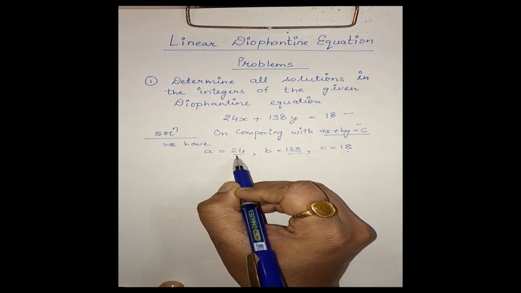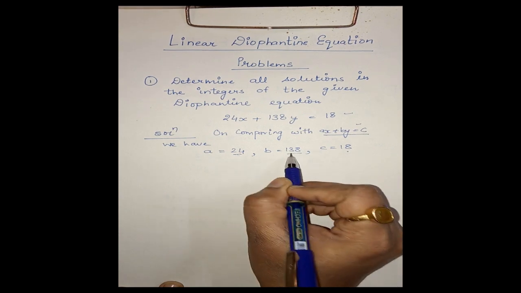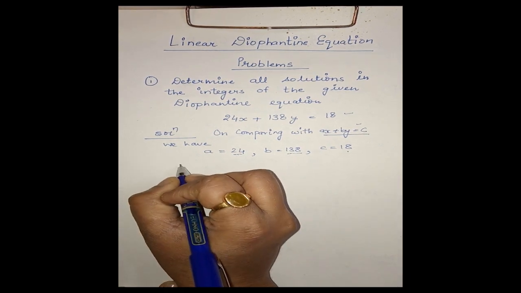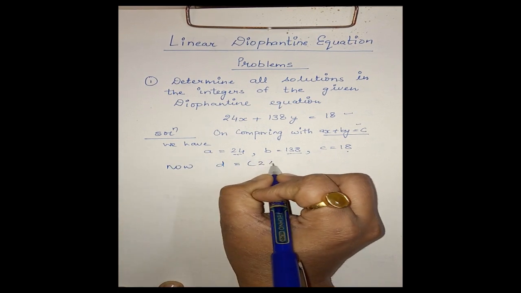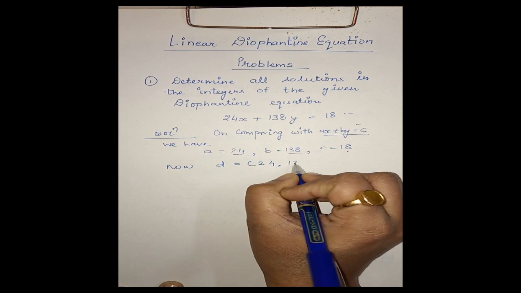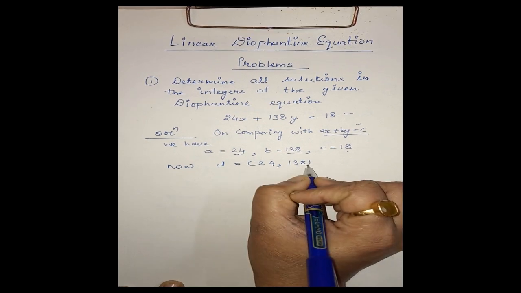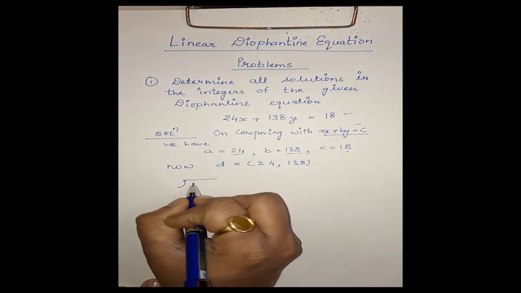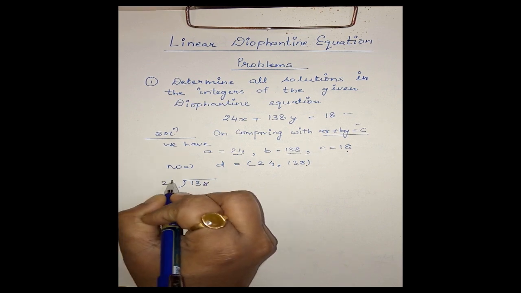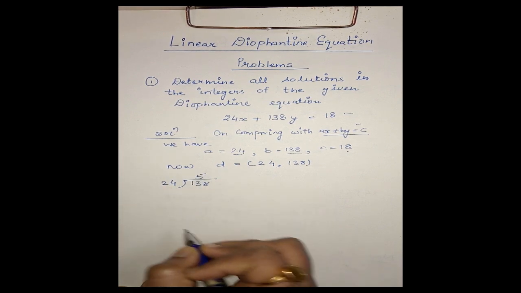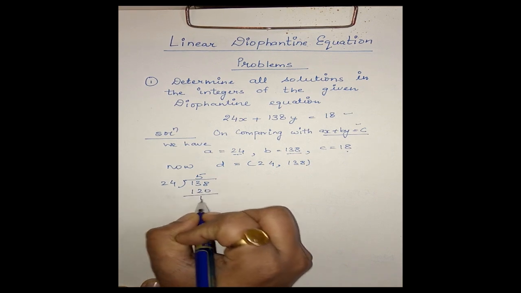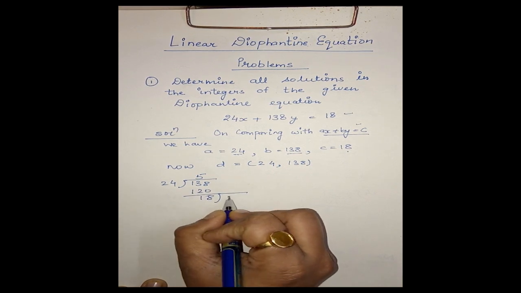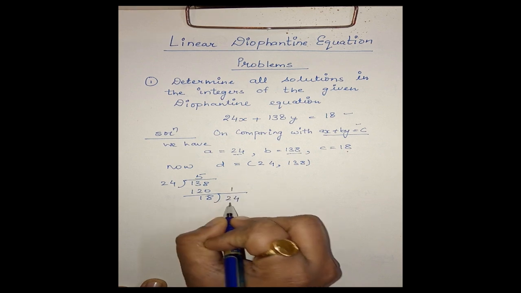So first we find the GCD of a and b. Let D be the GCD of 24 and 138. For this, let us divide 138 by 24. Taking 5, 24 fives are 120, and 18 is the remainder. Again, we divide 24 by 18.